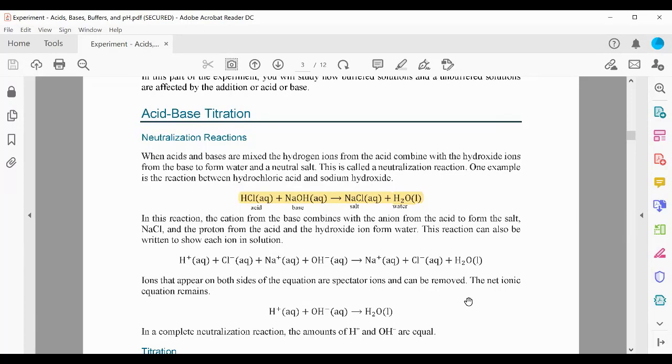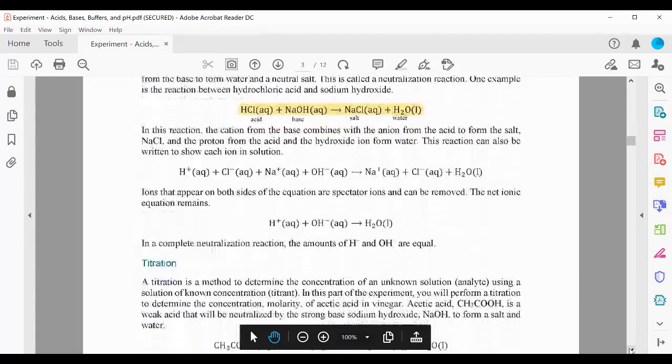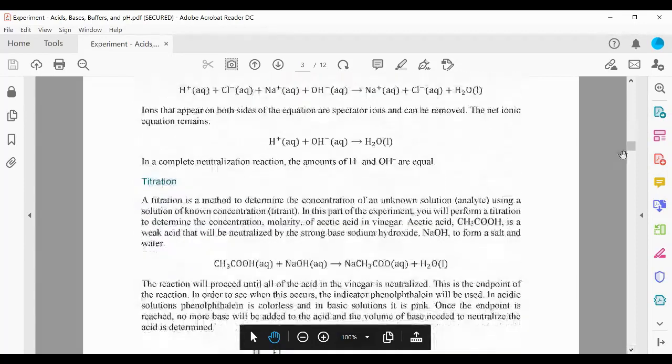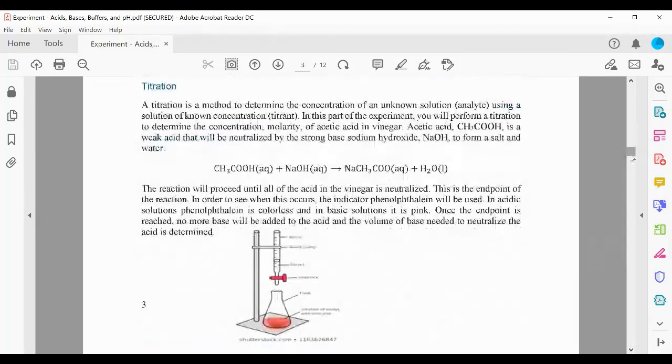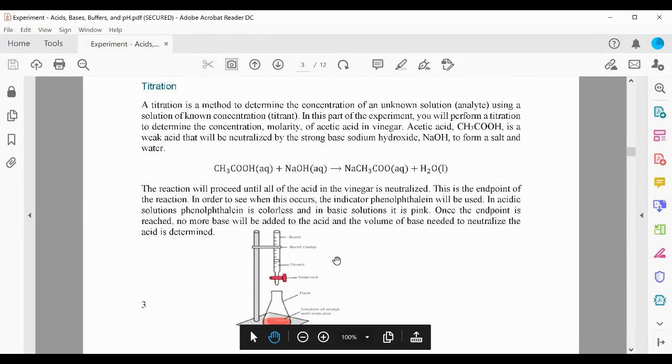So we slowly add, let me see if I have a drawing here. Okay. So you are going to have this setup, right? You will have a burette.